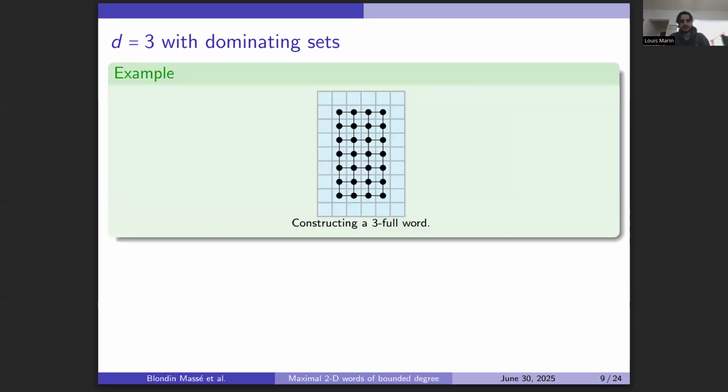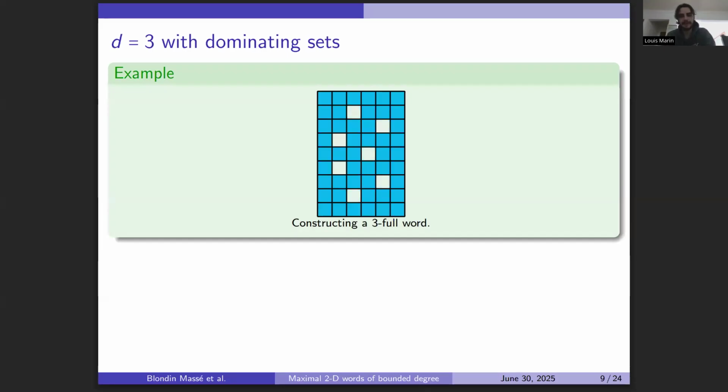We used this fact to construct a three-fold word. But how could we use this fact to construct a two-fold word, or even a one-fold word, or a zero-fold word? The dominating set is defined as, like I said, either you are in the set or you touch one vertex in the set.